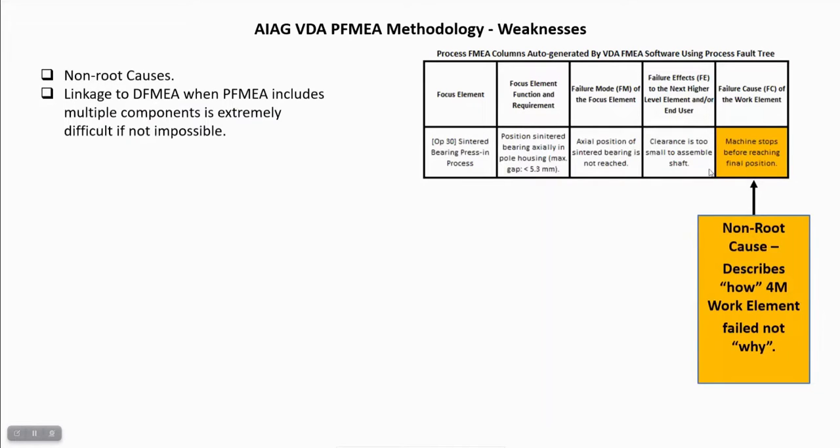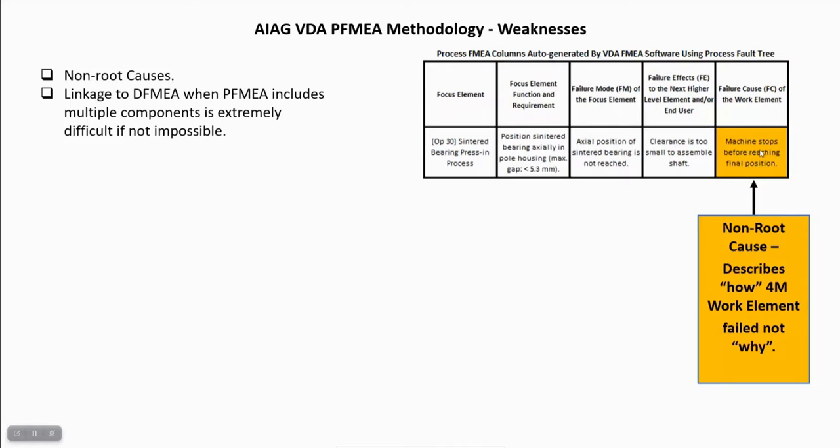So what happens is, if when you're doing your PFMEA and you say that the job of the press is to press the bearing in, and you say the failure cause is it didn't press it in far enough, that's not a root cause. We need to know, why didn't it press it in far enough? Was there a condition change in the equipment? Was there a setting?